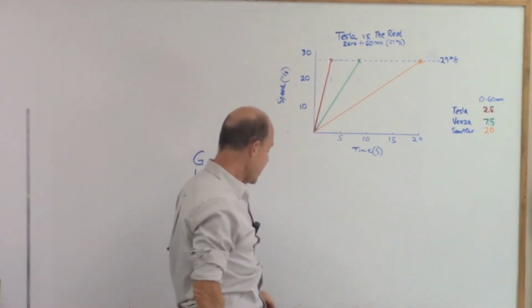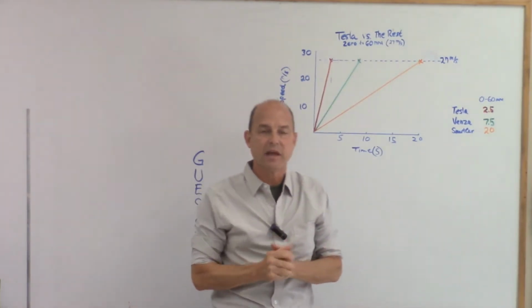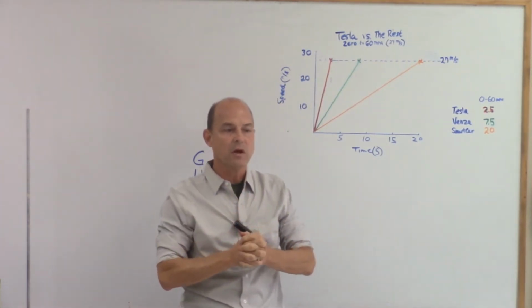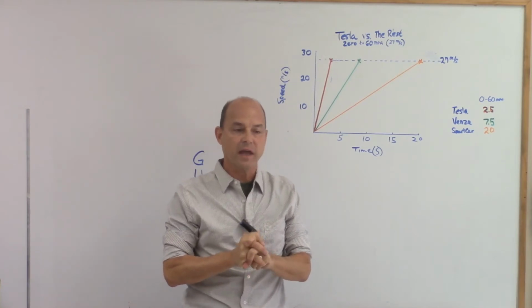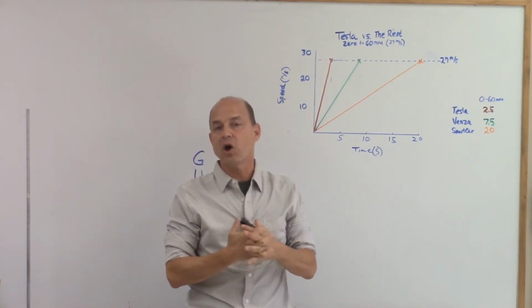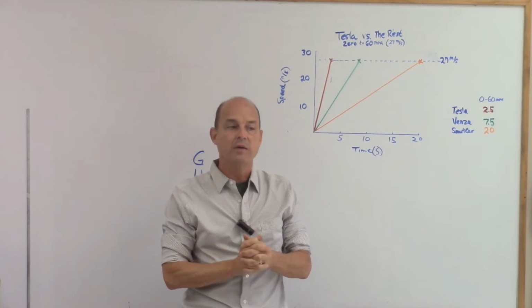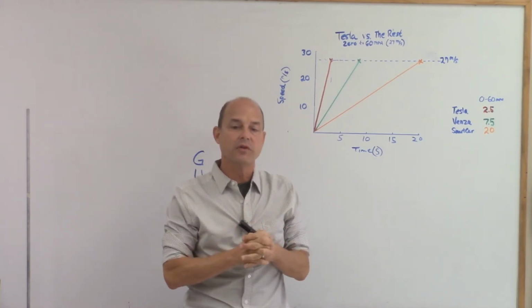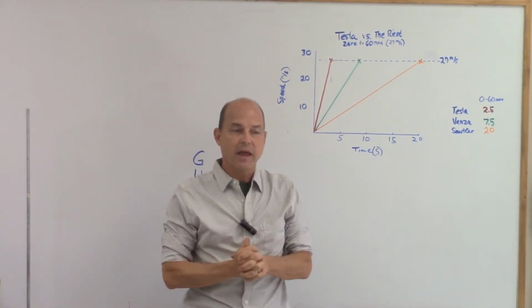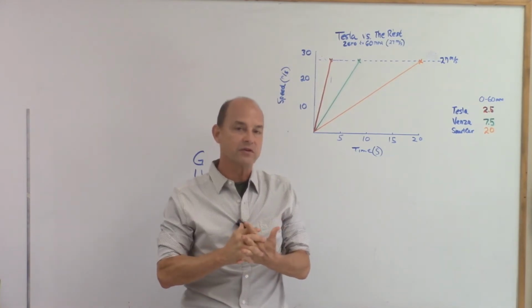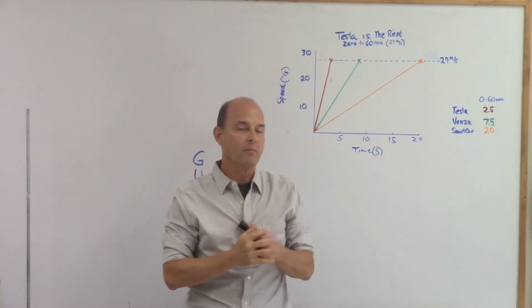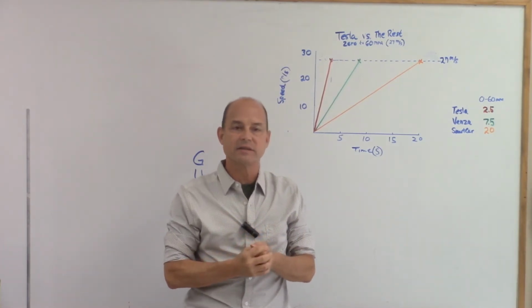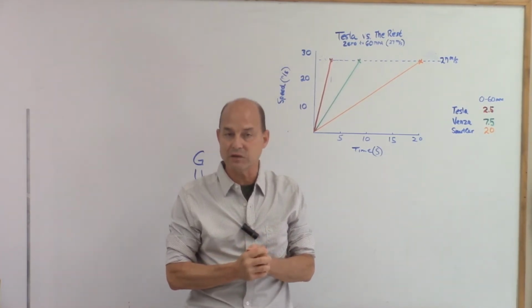Okay? Now, when we calculate things, and this is very important for you getting started in physics, your ability to solve word problems depends on the strategy that you have. And if you don't have a strategy for solving word problems, then you're more than likely not going to be as successful as if you do have a strategy.